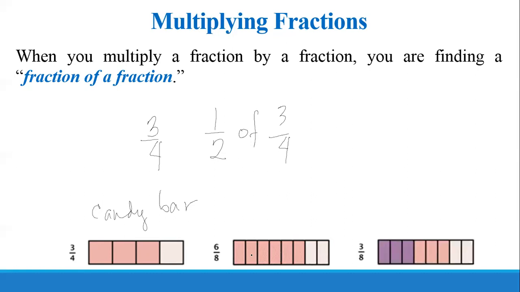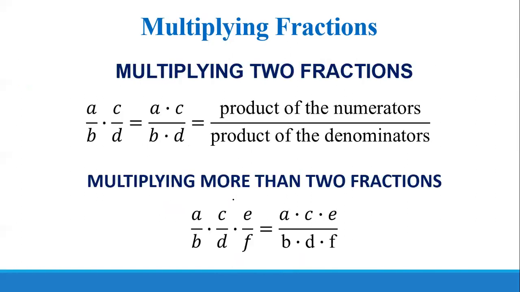So in both of these, to find the answer, you can multiply the numerators together and the denominators together. Okay, just to find the 1/2 of 3/4. So, paano yan? Multiplying two fractions. So, ganito yan.